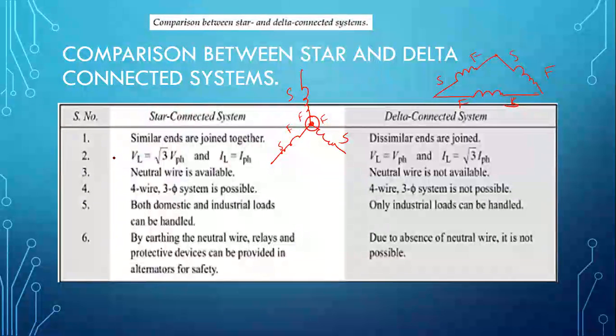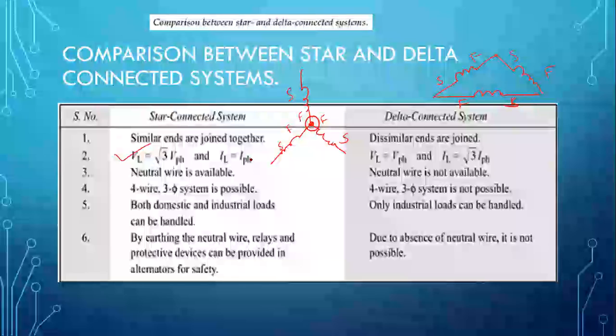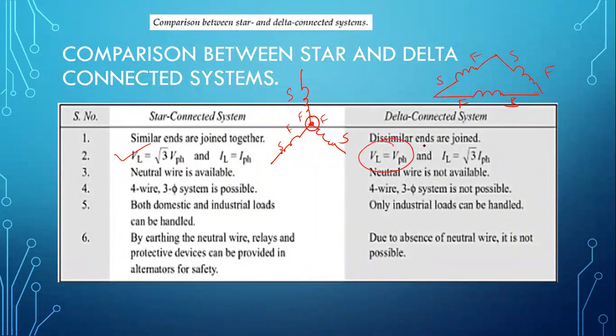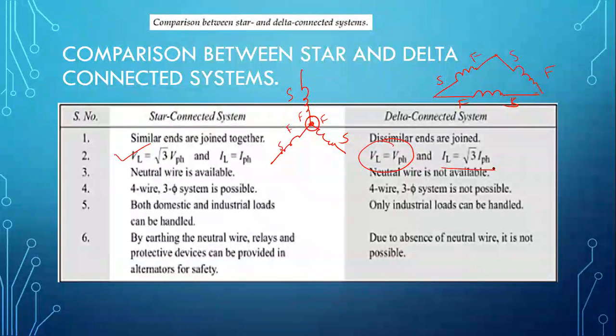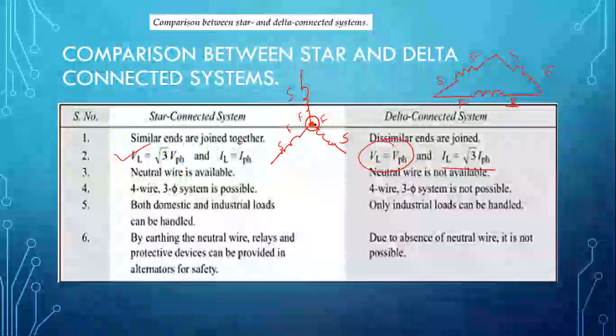Here we have identified that VL equals root 3 VPH, and line current and phase current are the same. Here your line and phase voltage is the same, but current has the same relation as we had for the voltage in case of star connection, that is root 3 times IPH. Here a neutral wire is available.